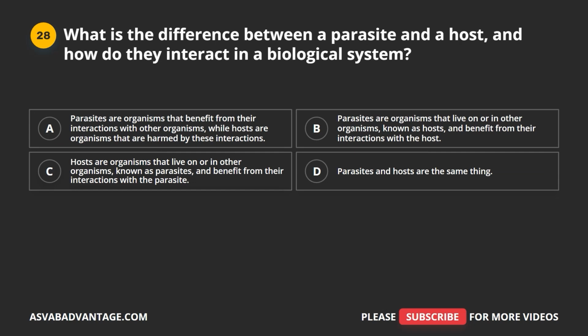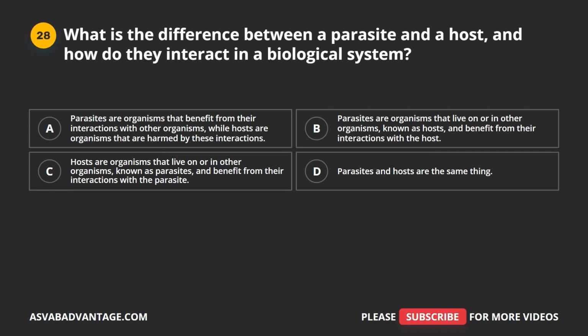Question 28. What is the difference between a parasite and a host, and how do they interact in a biological system? A. Parasites are organisms that benefit from their interactions with other organisms, while hosts are organisms that are harmed by these interactions.